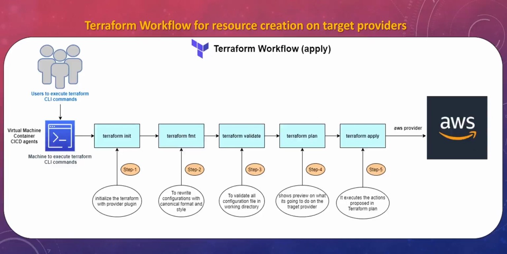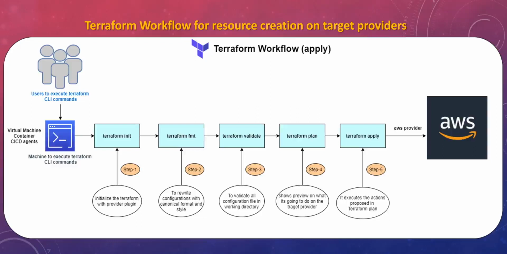That command is nothing but terraform validate. It will let you know whether you have written everything in a proper way in your Terraform configuration file. If there are some mistakes, it will identify them and let you know on the terminal that you have missed particular parameters. It will validate the configuration files under your present working directory.